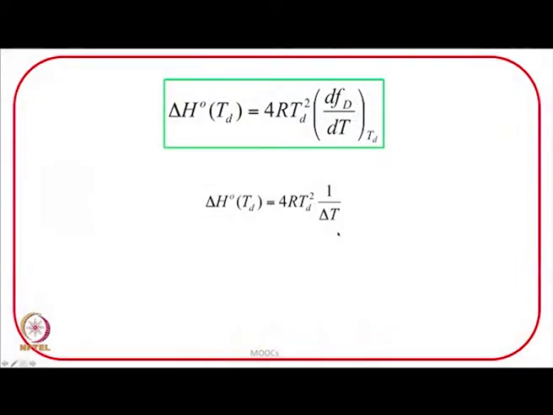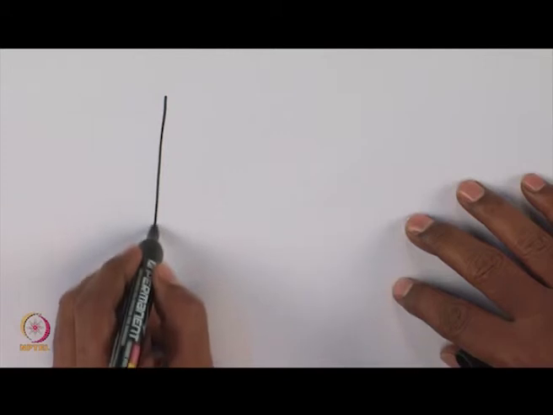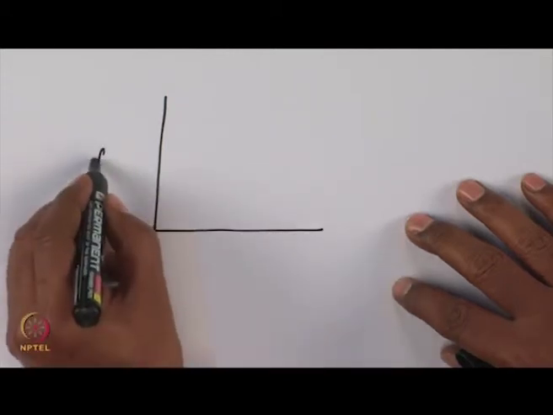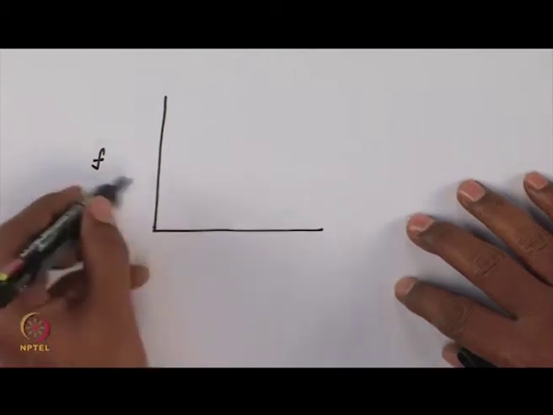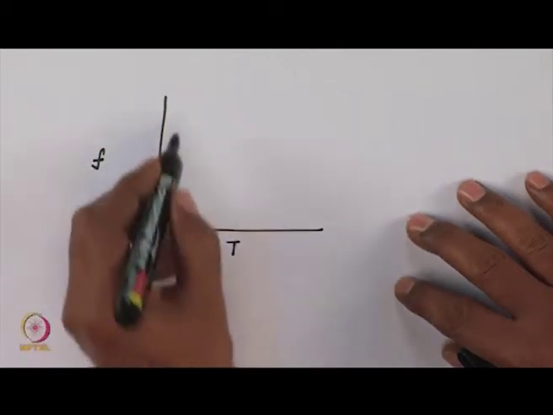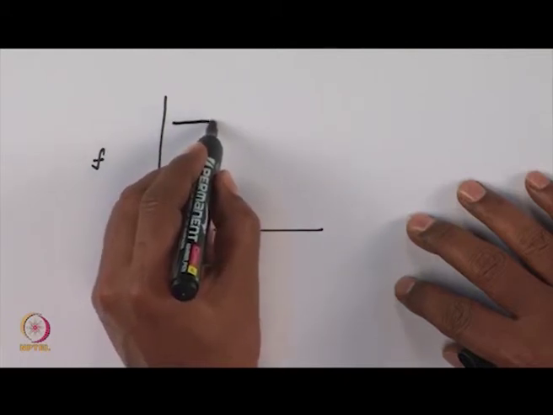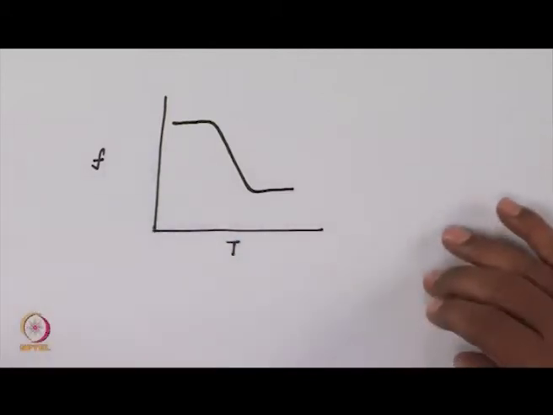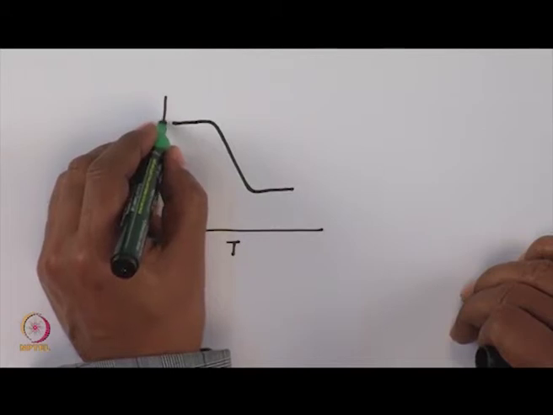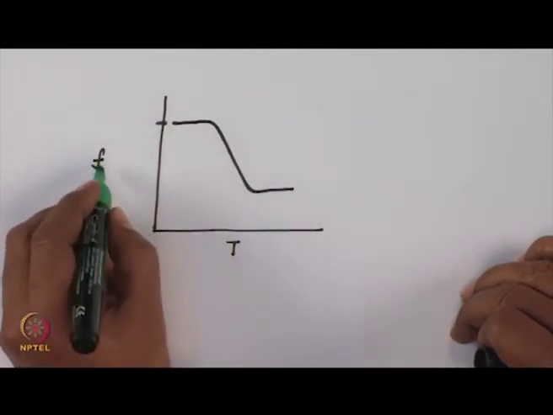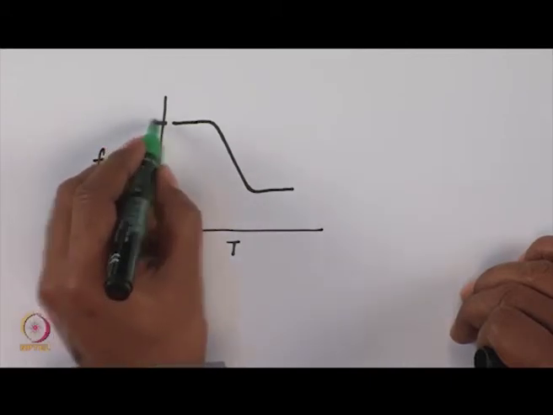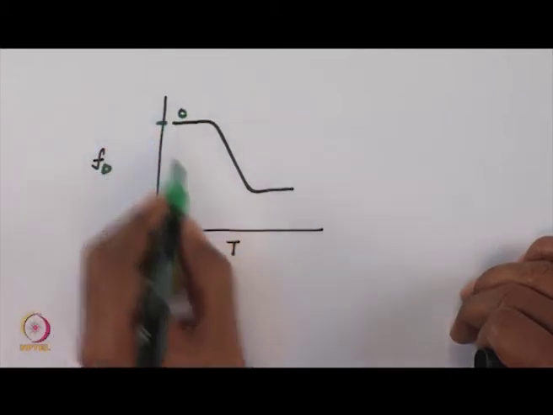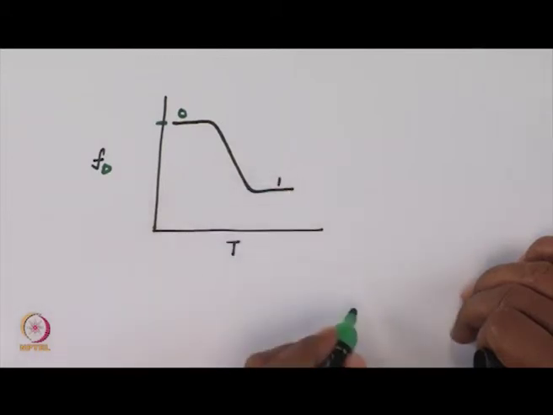Let me explain this delta T. If we are considering a two-state transition, and let us say we are plotting the fraction of denatured state against T, and the change is happening like this. The fraction of denatured state will be 0 over here and 1 over here.